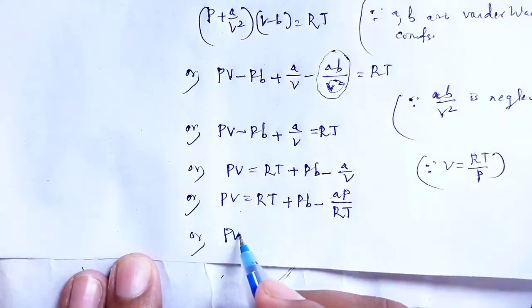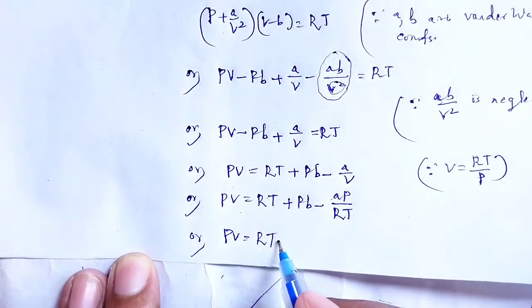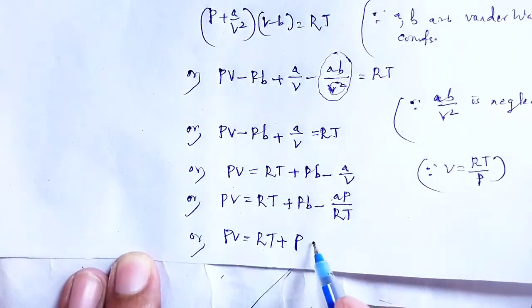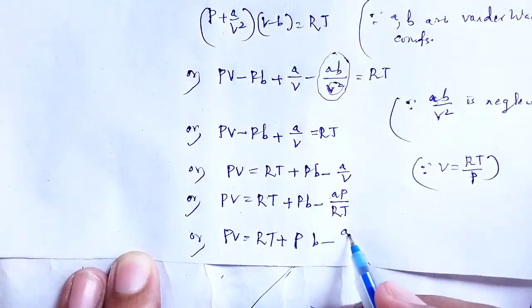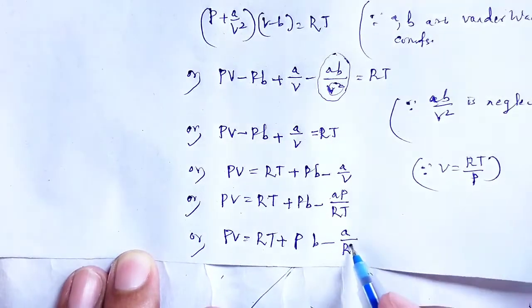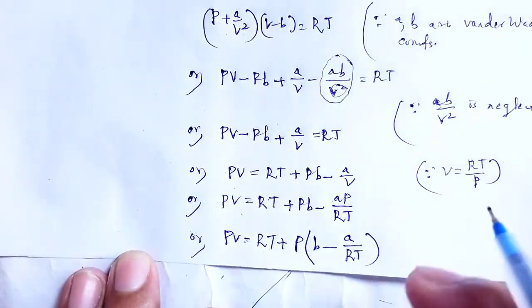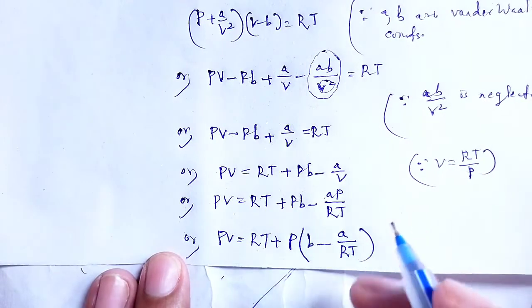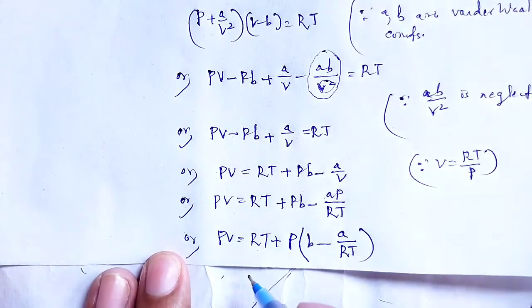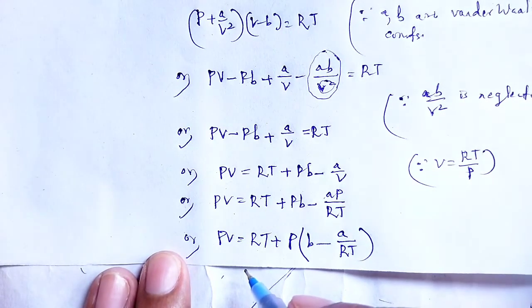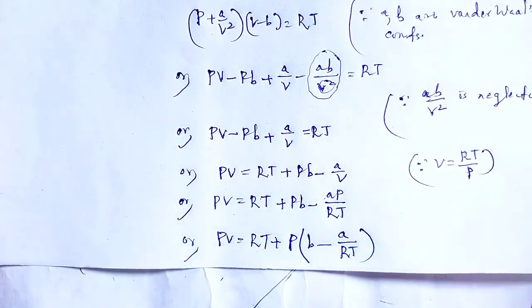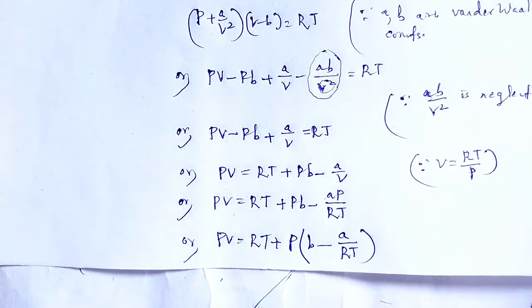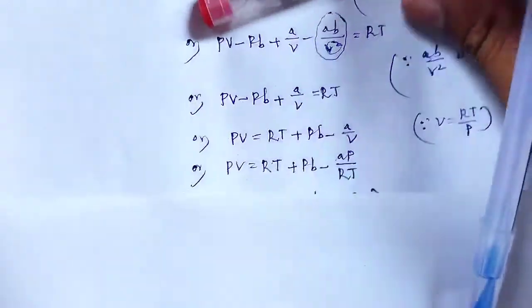Now PV is equal to RT plus P, taking P as common, b minus a divided by RT. Now differentiating that equation with respect to the temperature, keeping pressure as constant.